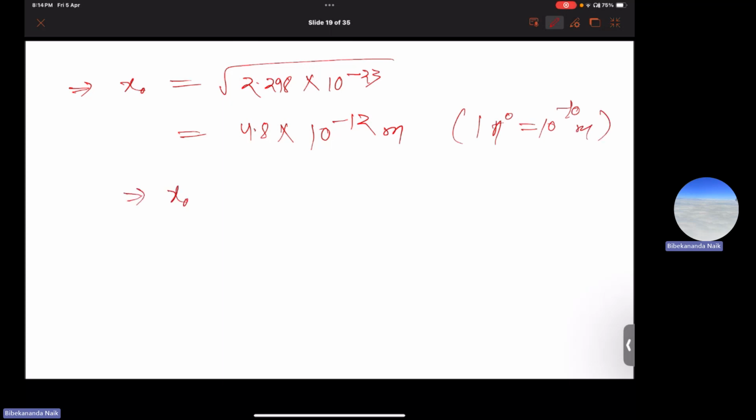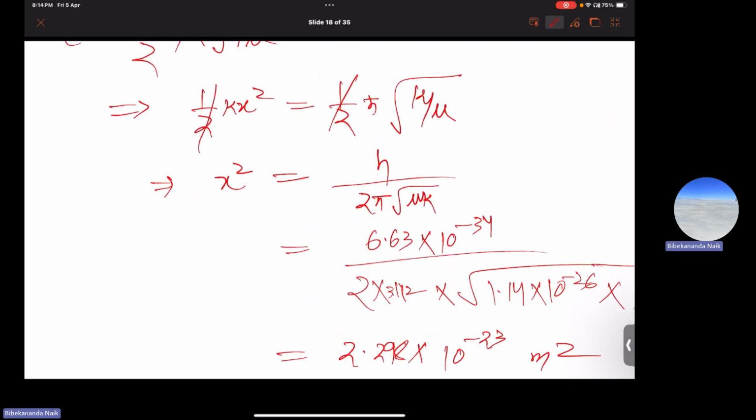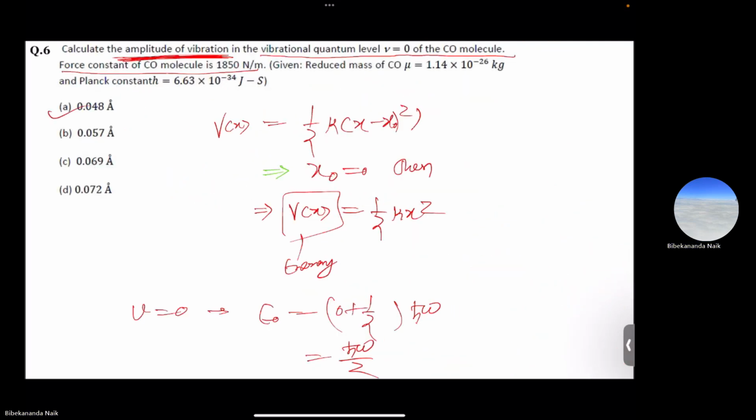So x0 will be 4.8 into 10 to the power minus 2 angstrom, or it is 0.048 angstrom. So the correct option will be option A, 0.048 angstrom.